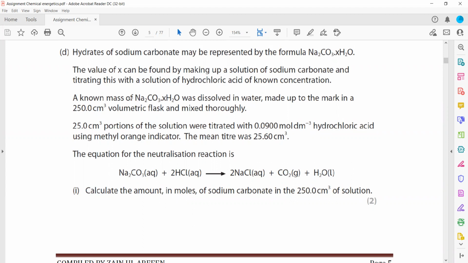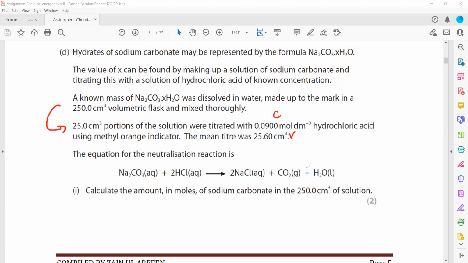A known mass of hydrated sodium carbonate is dissolved to make 250 cm³. Then out of the 250, we took 25 cm³ and titrated with hydrochloric acid of known concentration, and the mean titre, the volume of hydrochloric acid used, was this. So we have to calculate the number of moles of sodium carbonate.